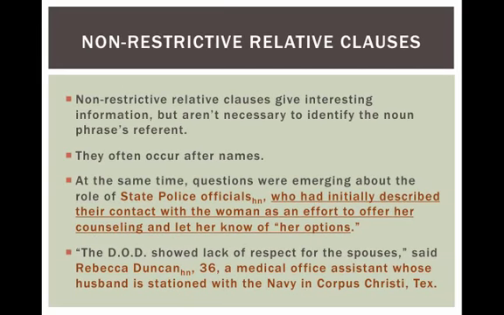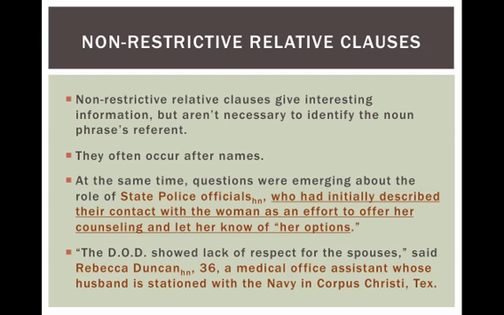Non-restrictive relative clauses give interesting information, but they aren't necessary to identify the noun phrase's referent. They often occur after names. They're very common in journalistic writing. So here's an example. At the same time, questions were emerging about the role of state police officials. So we're looking at something that adds information to state police officials, this noun phrase here, who had initially described their contact with the woman as an effort to offer her counseling and let her know of her options.